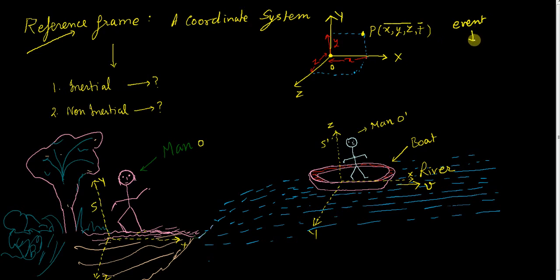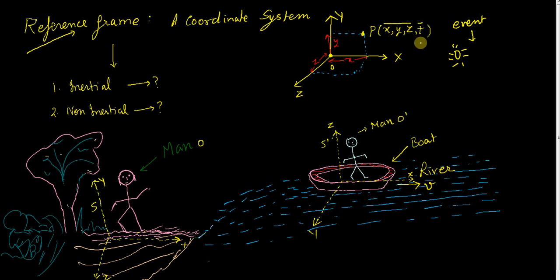Now further, what is an event? An event may be the explosion of a bomb. An event may be like I am talking with you at my platform. This is also an event. An event may be a birthday function, a marriage function. Whatever you see is an event, right? That event you define in terms of x, y, z, that means the position, the place, and t means the time.